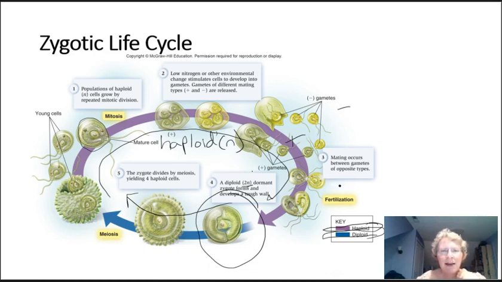Gametes combine, so this is fertilization, to form our zygote. So in zygotic life cycles, oftentimes this zygote also forms that cyst stage that can hang out in the sediments or the water column until conditions get better. Then the zygote undergoes meiosis to produce our haploid cells again, and the life cycle repeats itself.